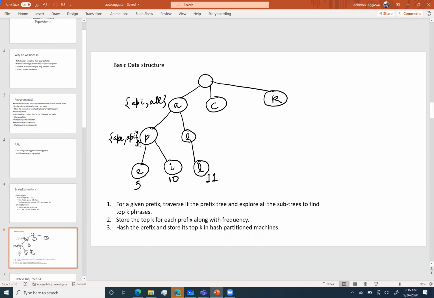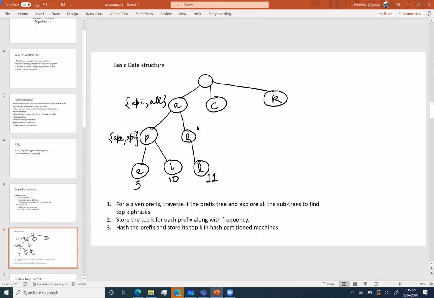One optimization we can do is, for each term, once we have calculated the top K most frequent, we can store it with that term. So for a, we can store that api and all are the most frequent. This value will be updated on write, whenever the trie gets updated, but my reads will be pretty fast.